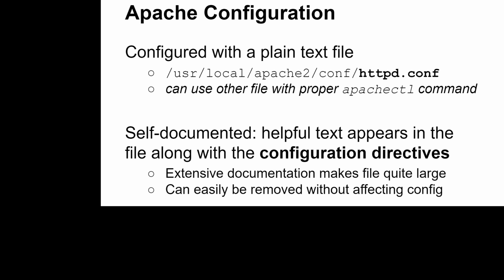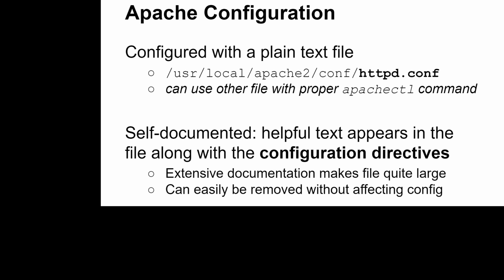As long as we installed via the Apache defaults, the configuration file that controls all of Apache should be located in this particular directory here: /usr/local/apache2/conf/httpd.conf, right?